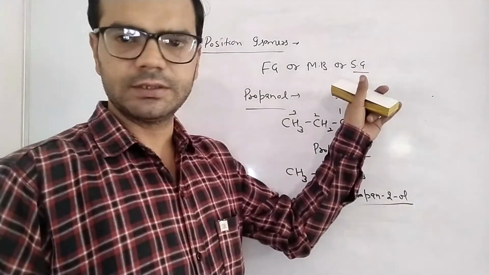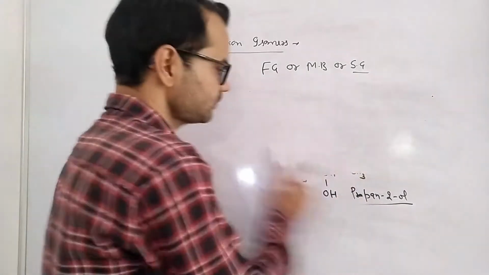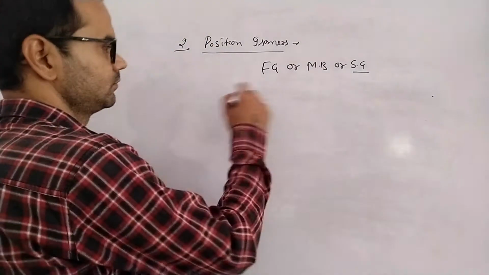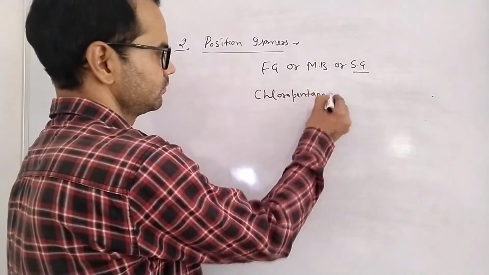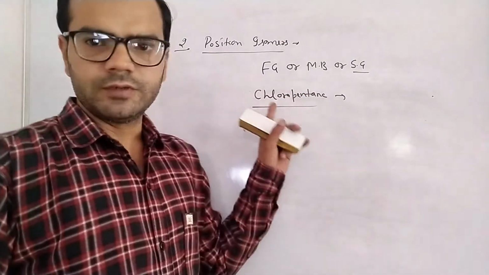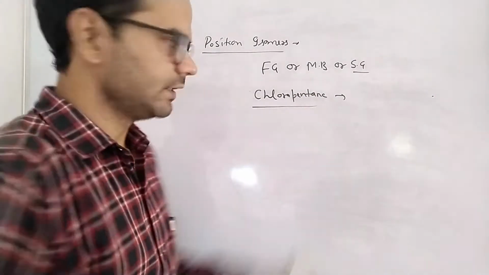So propan-1-ol and propan-2-ol are position isomers. The same case is possible for a substituent group also. Let us take one more example. For example, we have chloropentane. The position of chlorine can be represented in different ways.